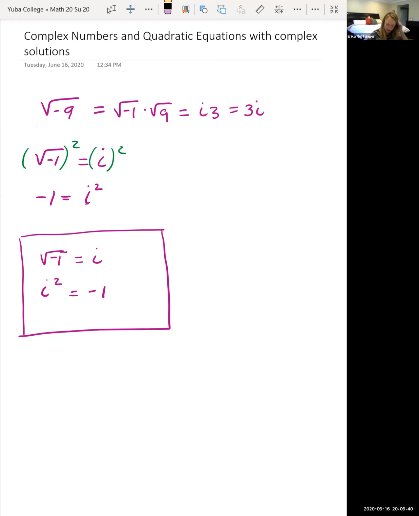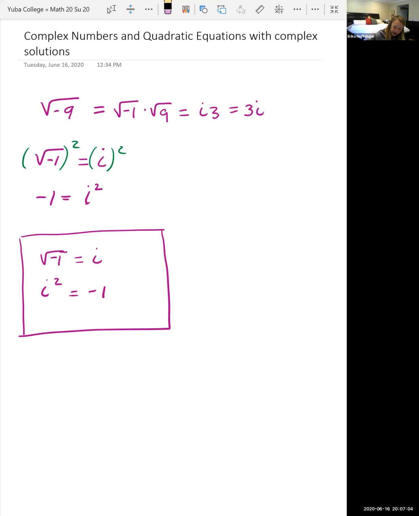So a lot of times we're working with real numbers. Inside the real number system are little subsets of that system, like integers, whole numbers, rational numbers. The complex number system actually is greater than the real number system, and the real number system is a subset of that.